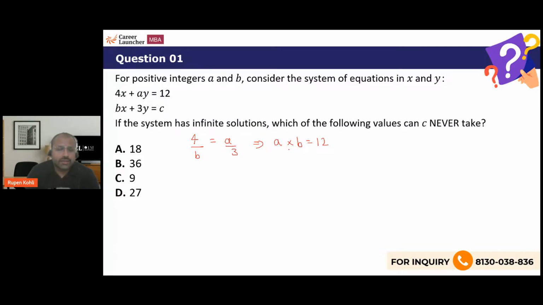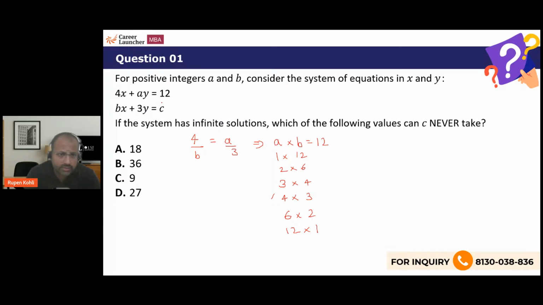So given that we have this result to be satisfied, 12 is the product of two positive integers, so it has quite limited possibilities. So we are looking for those possibilities. So 12 can be thought of as 1 into 12, 2 into 6, 3 into 4, and the other way around also, because it's ordered values which are important to us. So 4 into 3 is a different combination of values, and then 3 and 4, and 6 and 2, and then 12 and 1. So these are the six possible combinations we have.